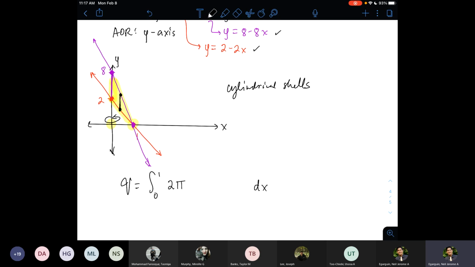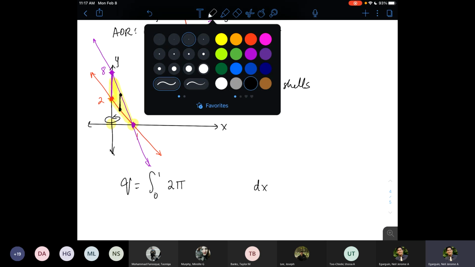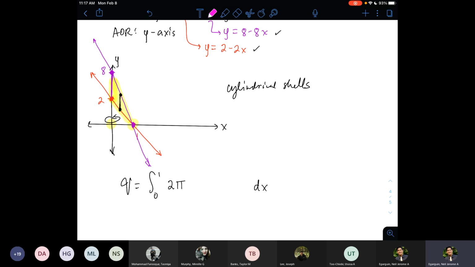So let's determine what would be the radius. Again, it would be very helpful if you can draw how the cylinders look like, or half of them. So starting from the axis of revolution towards the top end of the vertical strip, that will be the radius of your cylinder. So the cylinders will look like this. That's our typical cylinder.